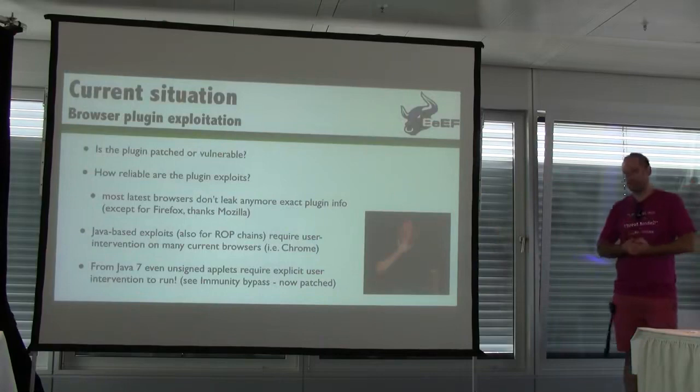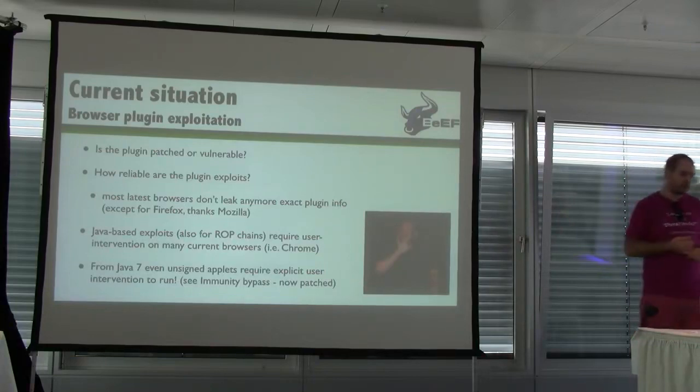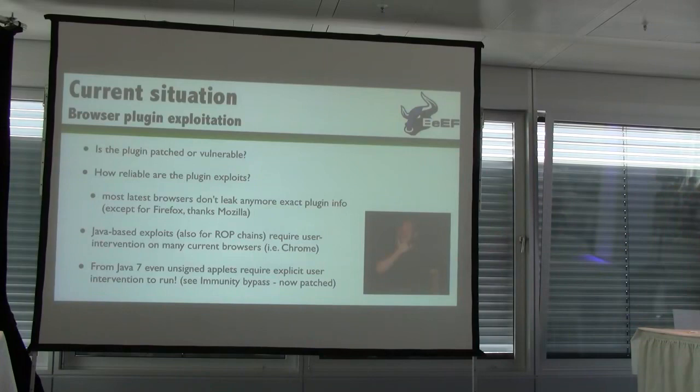A lot of those exploits were based on Java, or used the Java plugin for ROP chains. Java right now, well, for a year and a half, two years, is not so useful anymore, especially thanks to click-to-play features and the new features in Java 7 that require explicit user intervention.